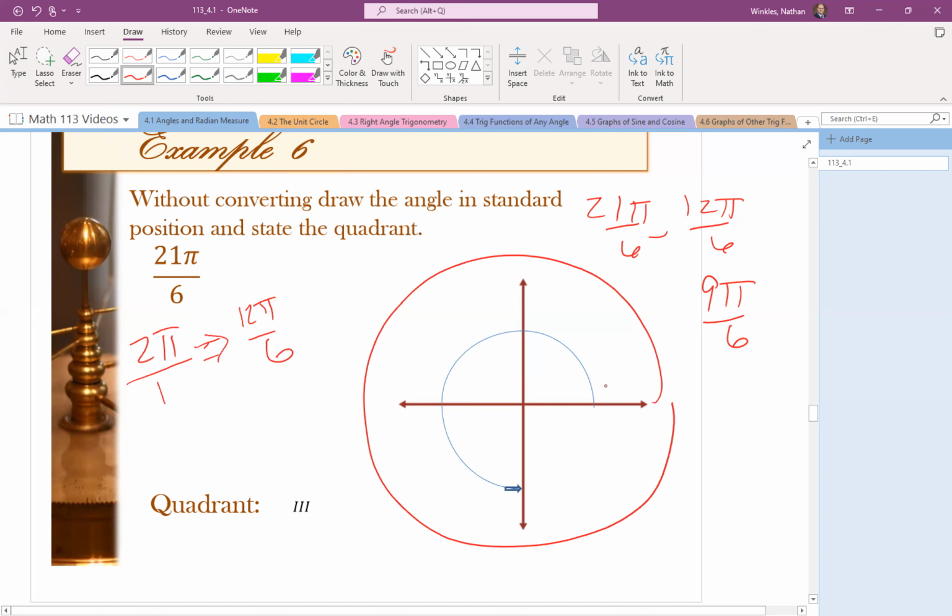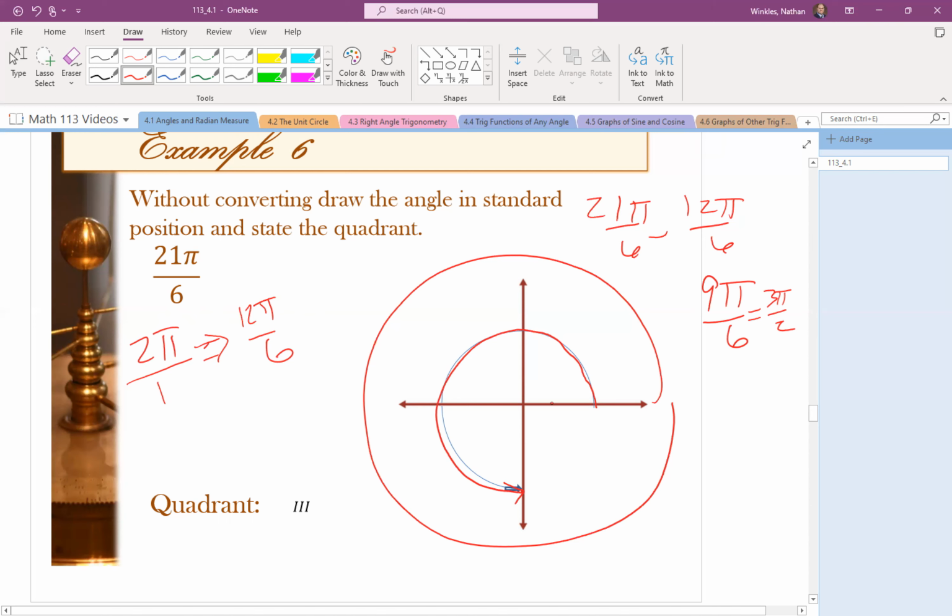So that means that I'm somewhere inside here. But 9 pi over 6 is going to reduce to 3 pi over 2 if we were to divide each of them by 3. So therefore, my new value is actually this one.